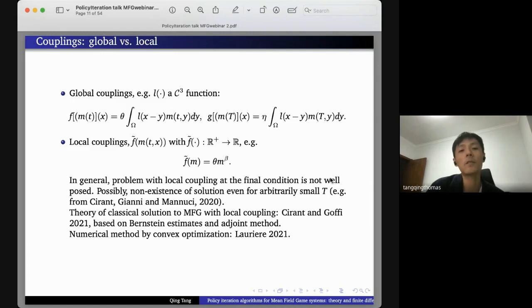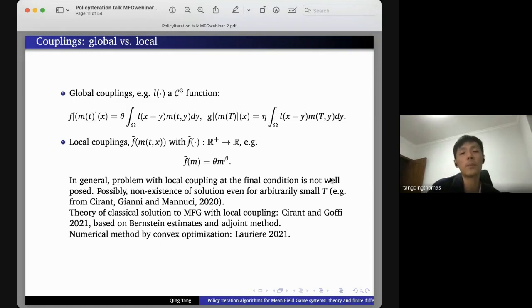Even for very simple, no, I would not say simple, I would say very smart counterexamples proposed by Marco Cirant and his co-authors, even for arbitrarily small capital T, you might have non-existent solutions if you use local coupling at the final condition.